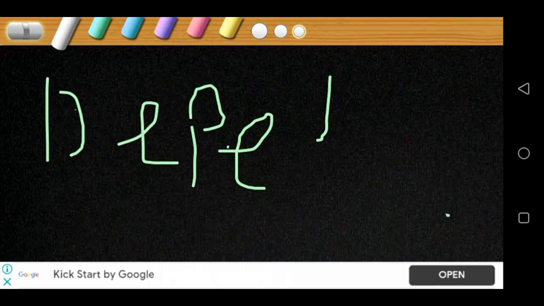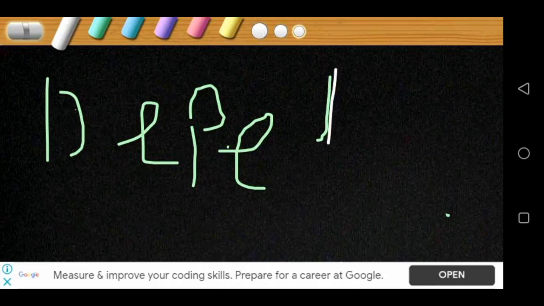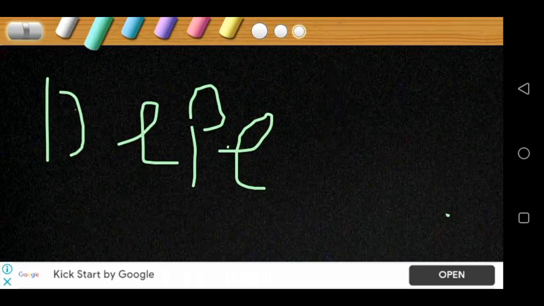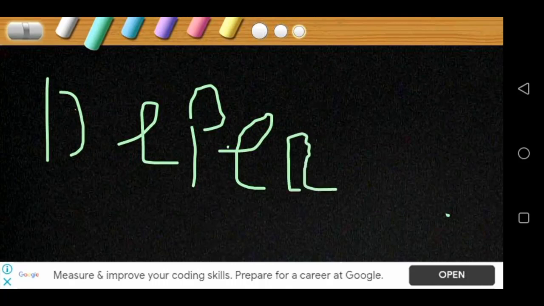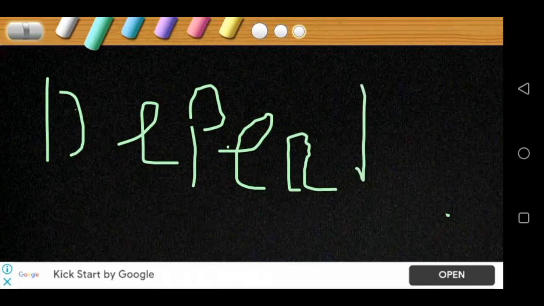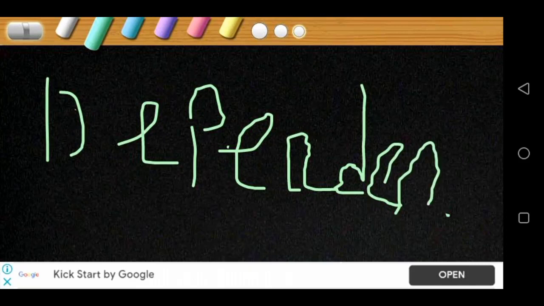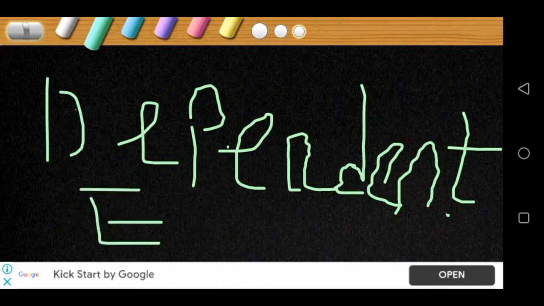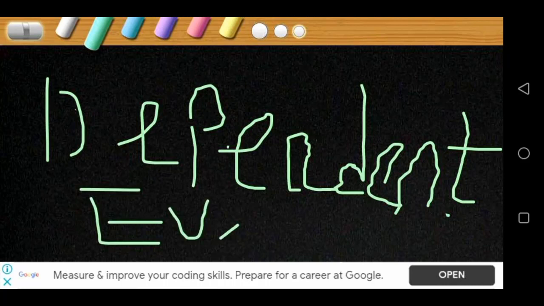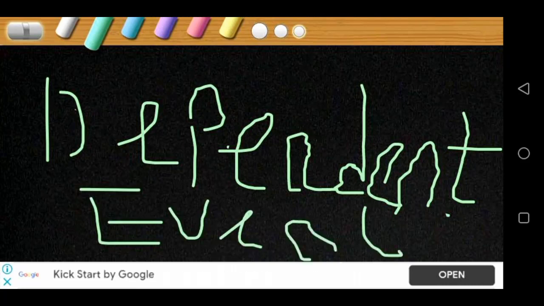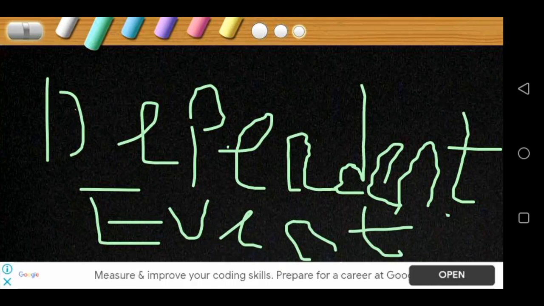Then you write in brackets: without replacement.